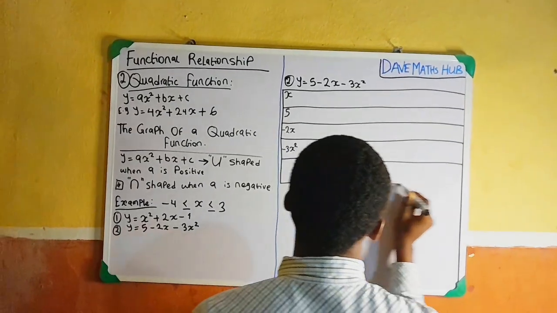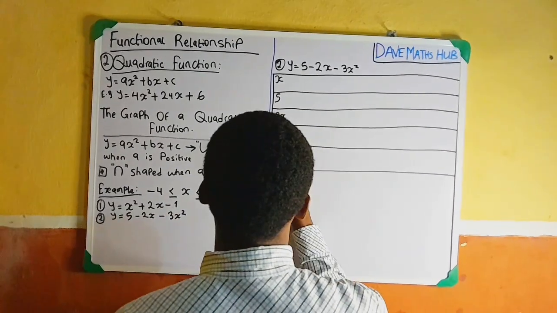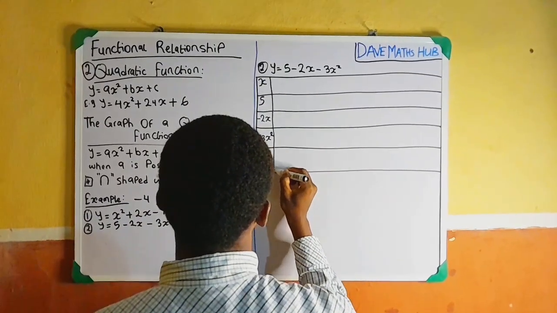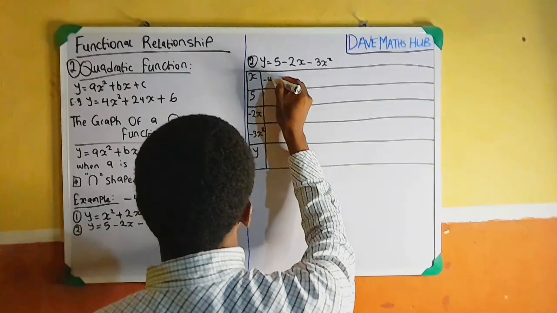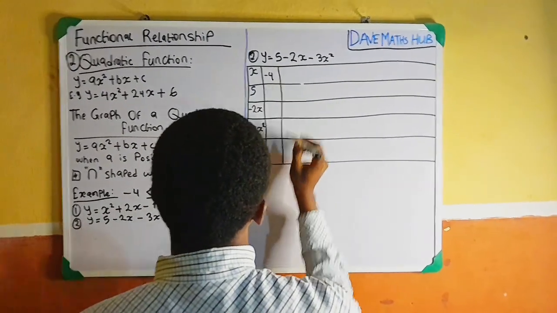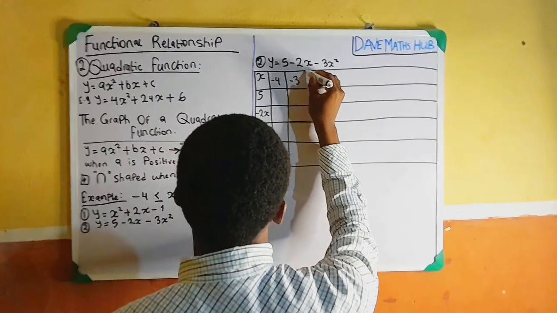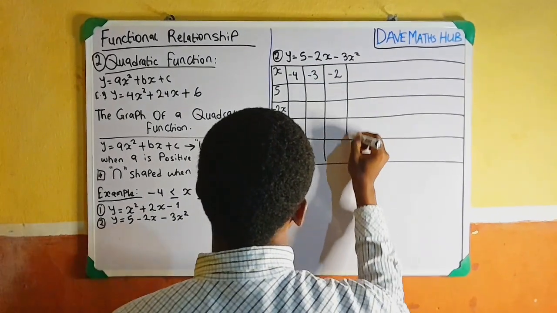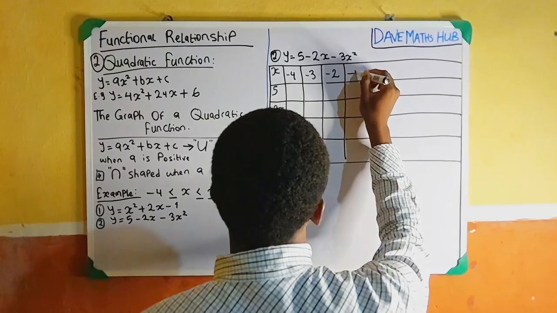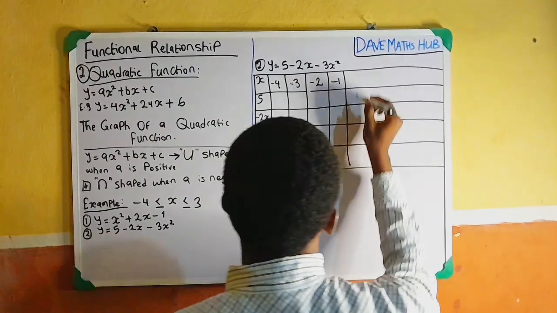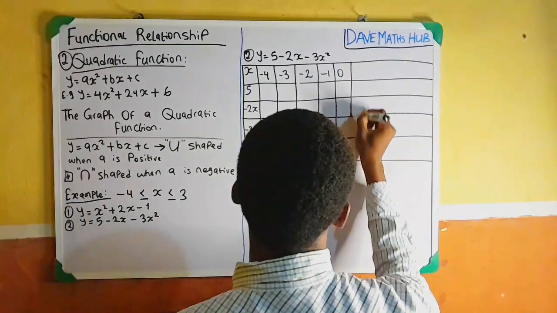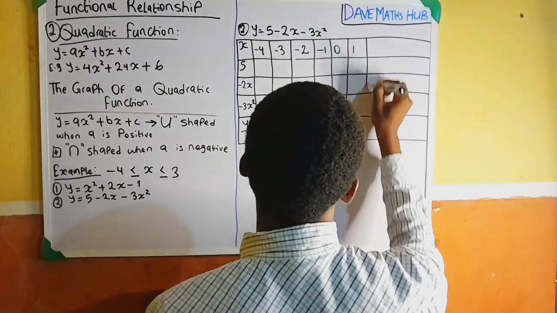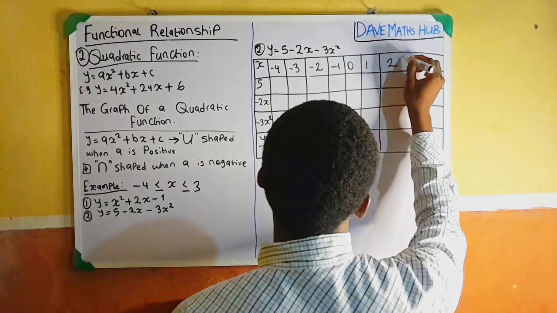and y. x is minus 4, minus 3, minus 2, minus 1, 0, 1, 2 and 3.